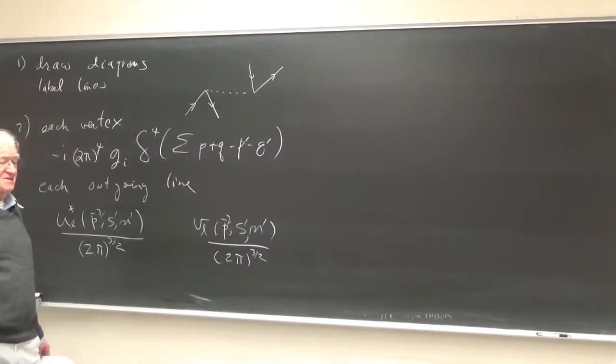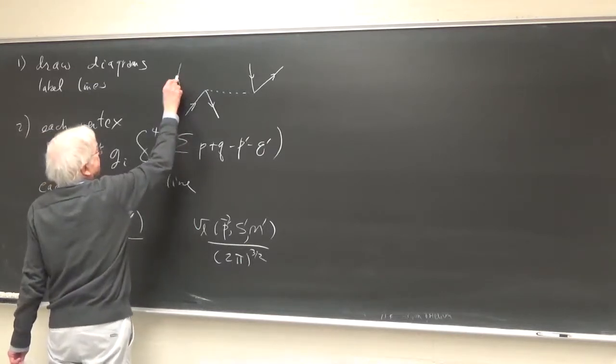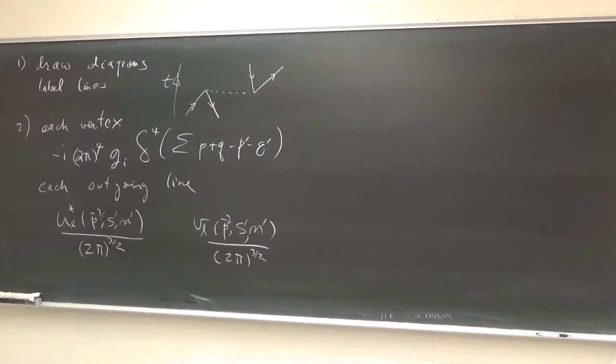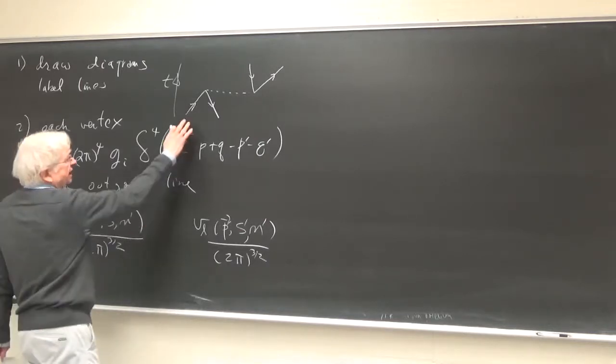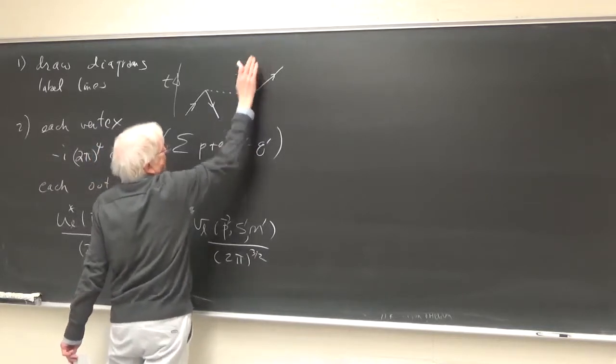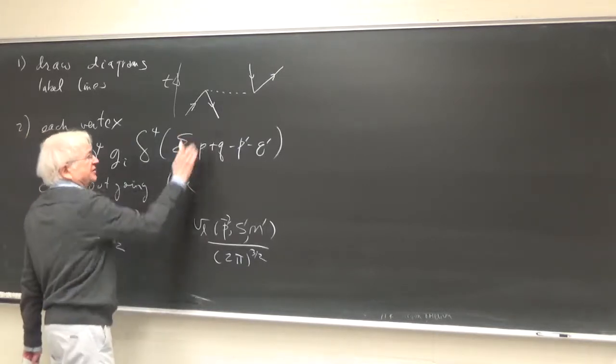I could not get TikZ-Feynman to draw it that way. But Weinberg has time going this way, so the outgoing particles are going out the top, and the incoming particles are coming in from below.